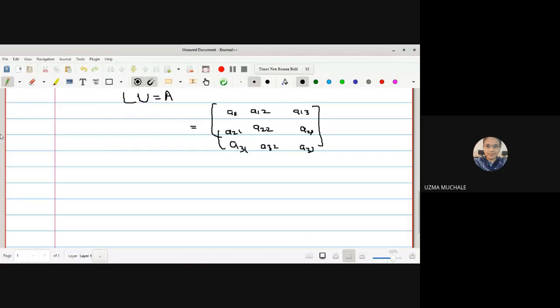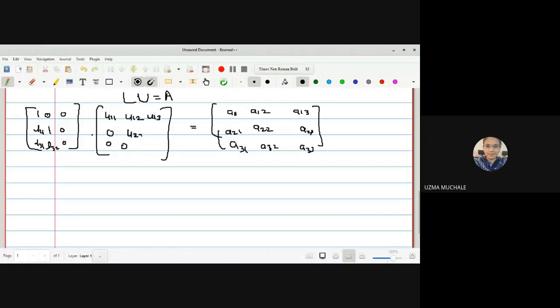L is the unit lower triangular matrix: 1, 0, 0, L21, 1, 0, L31, L32, 1. And U is the upper triangular matrix, which consists of U11, U12, U13, and 0, U22, U23, and 0, 0, and the last entry is U33.